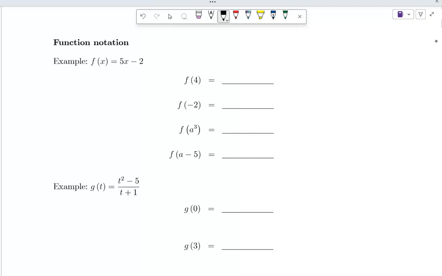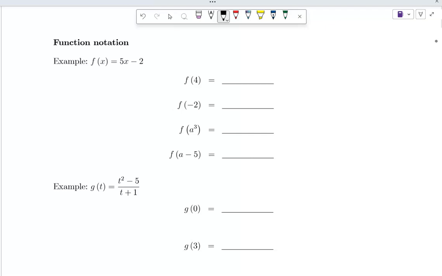So this function notation just gives us a rule. It tells you, if I plug in something for x, what am I supposed to do with it? So in this case, when I plug in something for x, I'm going to multiply it by the 5 and then subtract the 2. Think of this x as a hole. And whatever goes inside those parentheses is what you're going to fill the hole with. That's what the function notation means.